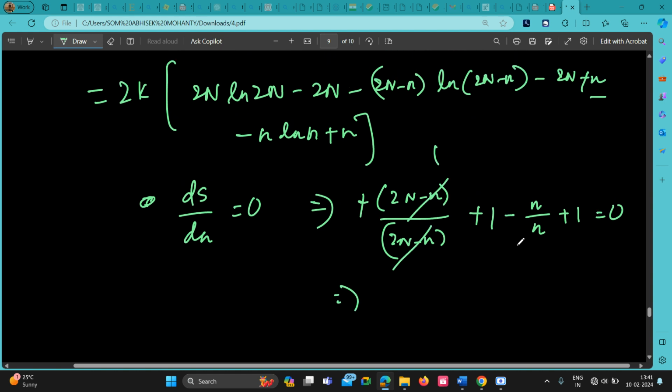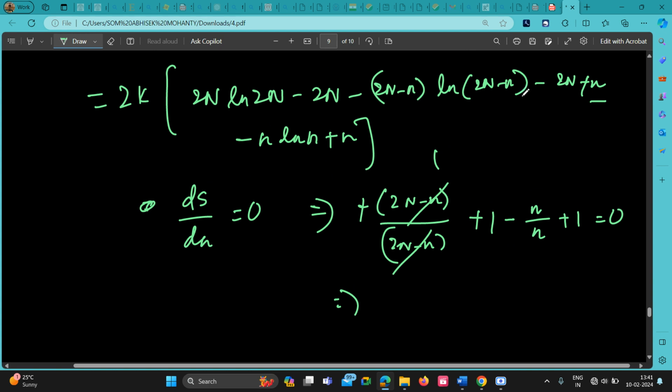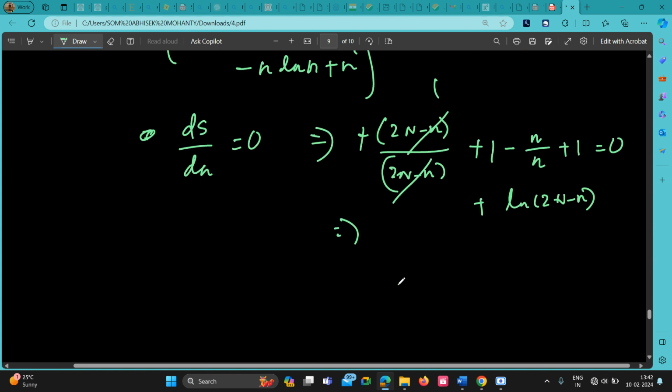You're doing a mistake. Okay, I have missed a term here. This is plus 1 for this derivative, and ln(2n minus n) is equal to 0. So this is 1, this is also 1, cancelled.